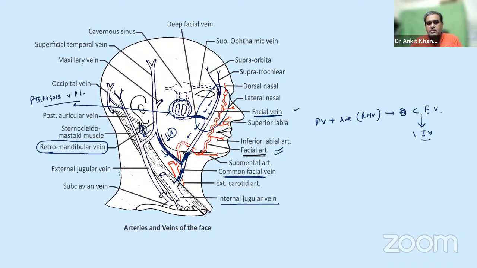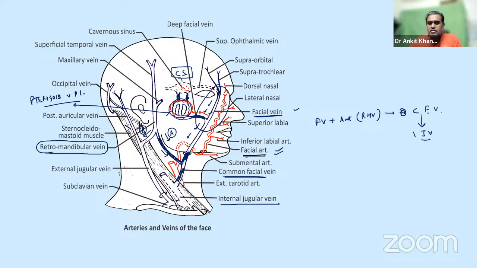And from the pterygoid venous plexus, the veins communicate with the cavernous sinus, CS. Let me put some red dots over the cavernous sinus so that you can identify it. Again, the facial vein via the deep facial vein goes to the pterygoid venous plexus, and from there it communicates with the cavernous sinus.